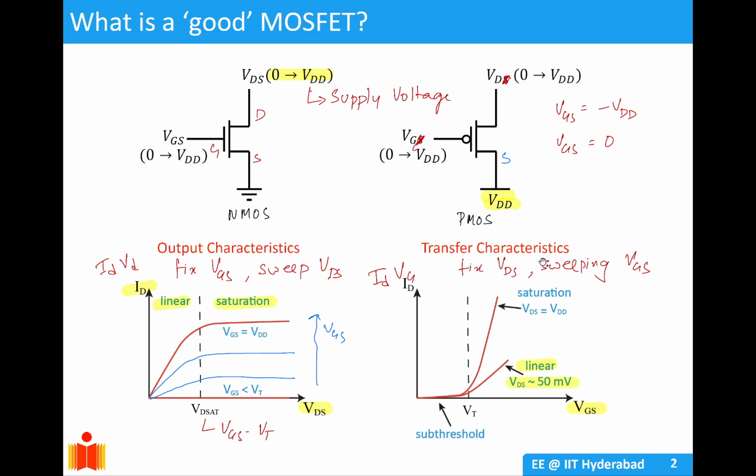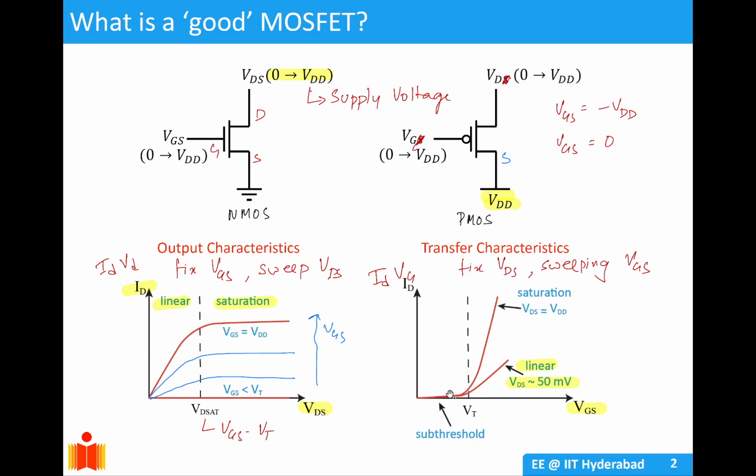Next is called transfer characteristics, which is also known as ID-VG characteristics, that is your drain current with respect to your gate voltage. In this case, you fix your drain voltage and you sweep across your gate voltage, and you get a curve like this.